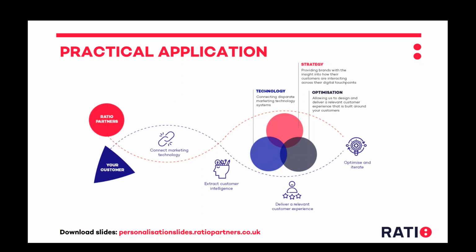Identify where your data silos are, whether on the website, in CRM systems, on e-commerce systems, or in email platforms, and look to see how you can potentially connect that data. Because what matters from the marketer's point of view in designing the experience is having the ability to extract the right customer intelligence.